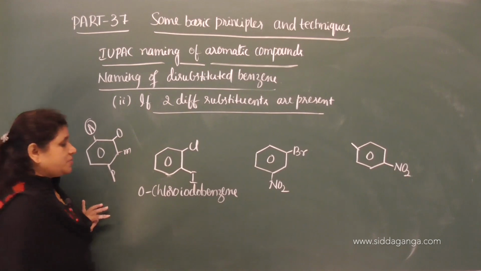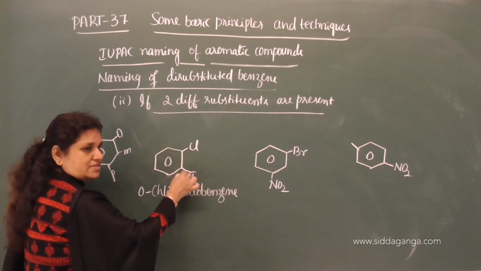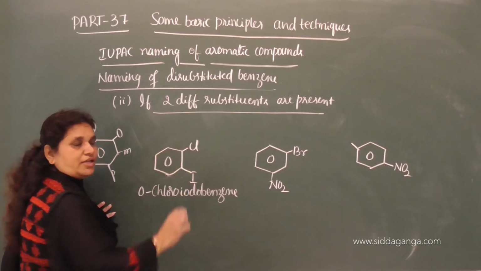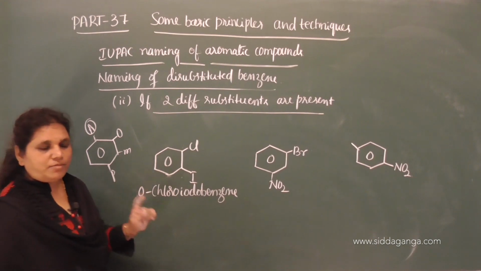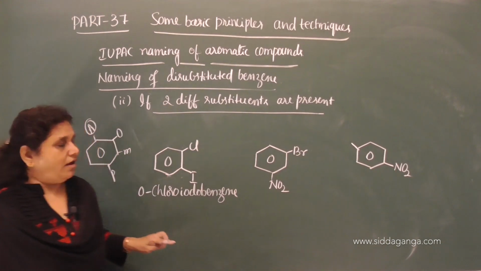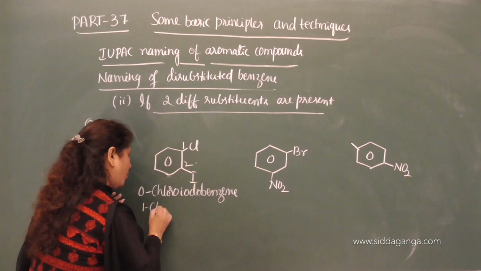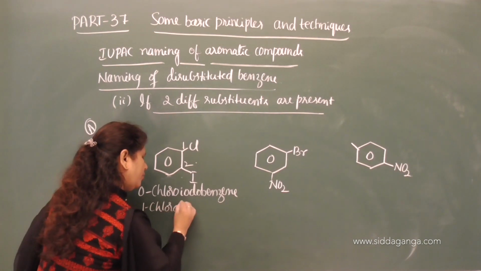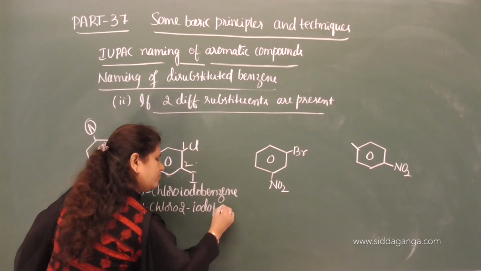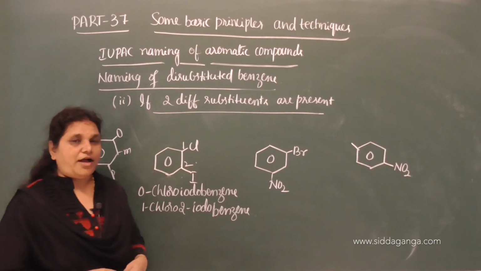Now, what is the position? So, first the sum of the locants remains the same here if you give from this end or from this end. Therefore, you need to give the lowest possible number to that substituent group which comes first in alphabetical order. Therefore, 1, 2, then 1 chloro, 2 iodo benzene. 1 chloro, 2 iodo benzene is the IUPAC name.